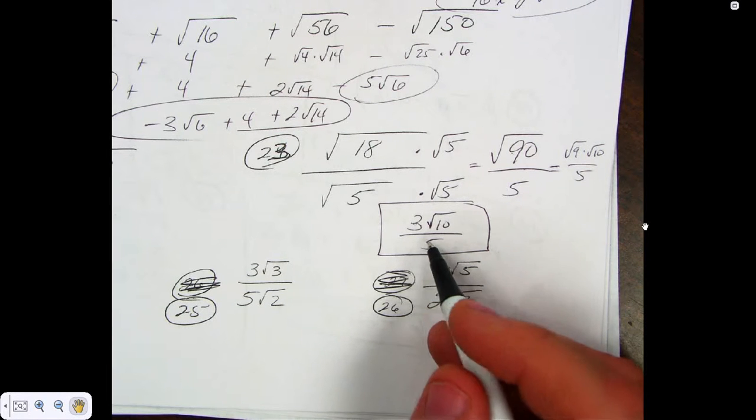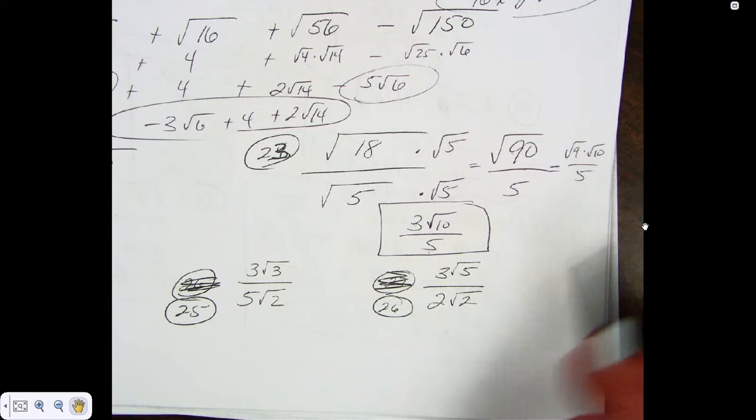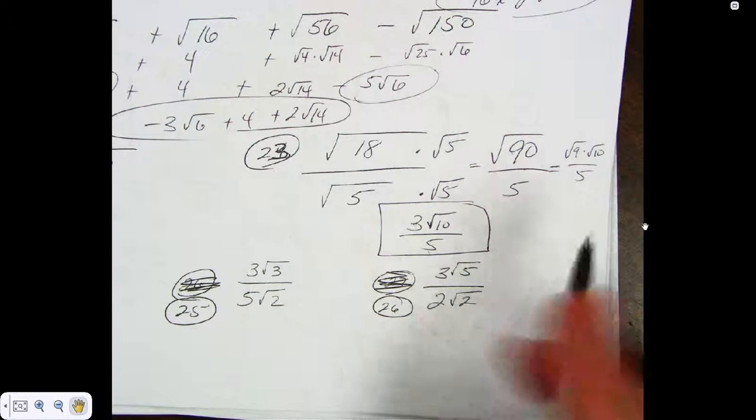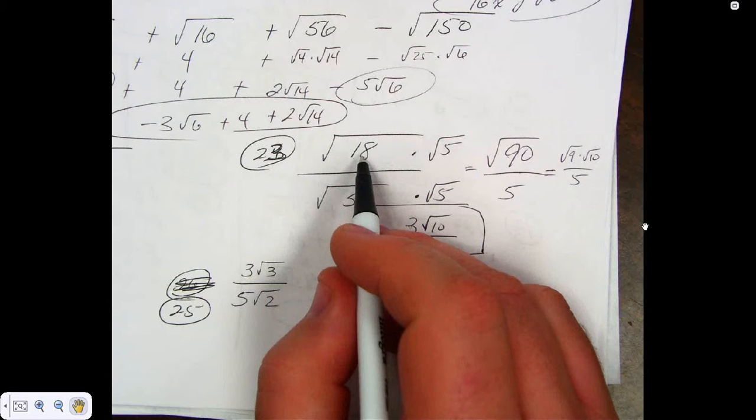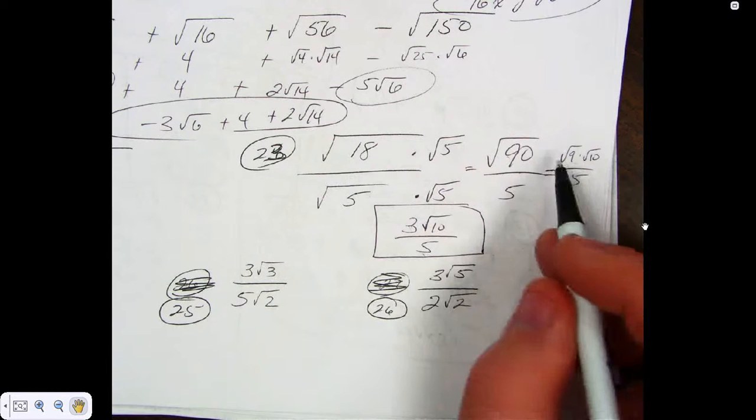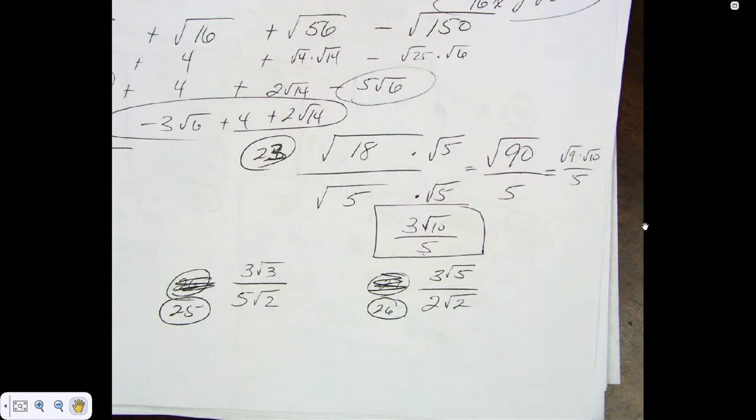The process is as important or more important than how you do it. You don't have to do exactly how I did it. If you decided to break that into 3 times square root of 2 and went from there, you'd have less steps. But that's fine.